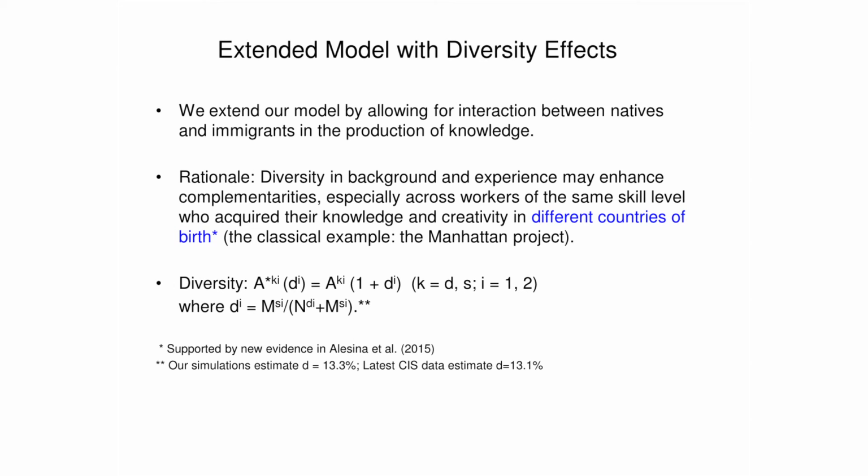Now, we're assuming here a particular function that introduces these diversity effects, and that's simply the ratio of the skilled migrants relative to the total population in the receiving country that includes migrants as well. This is what drives, of course, the interaction between migrants and natives.